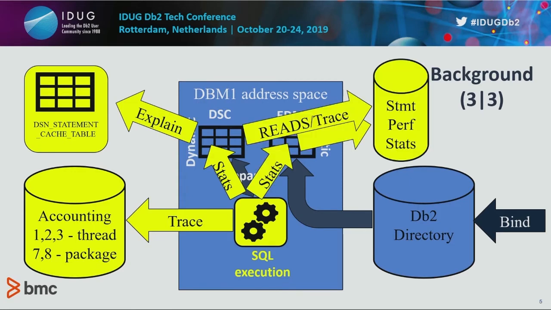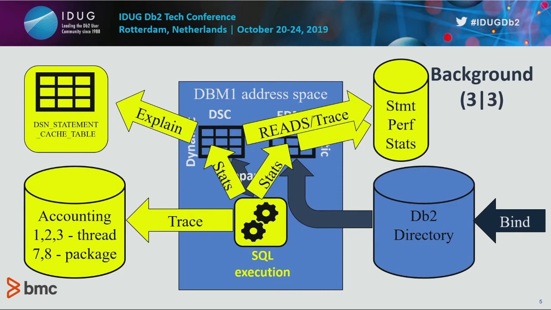Then more recently, the same capability was added for static SQL as well. So the entries that are in the EDM pool for static executions are now being updated to reflect what's happened for each execution of that static SQL as long as it stays in the cache.